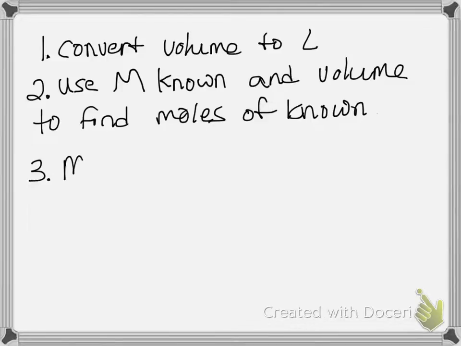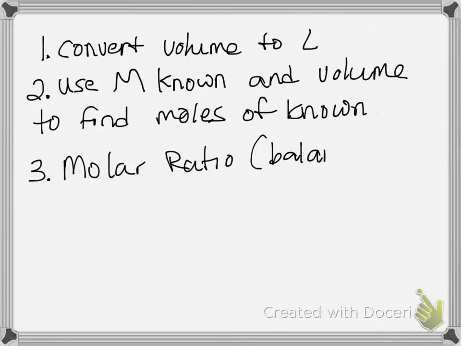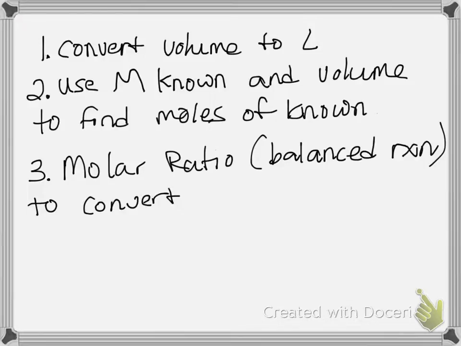And then we use the molar ratio, which, as we know, comes from a balanced reaction. In this case, our molar ratio was 1:1, but it's not always, so don't assume. And we use that to convert into moles of the unknown.